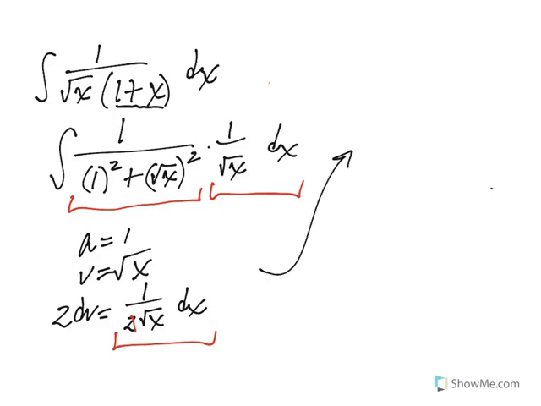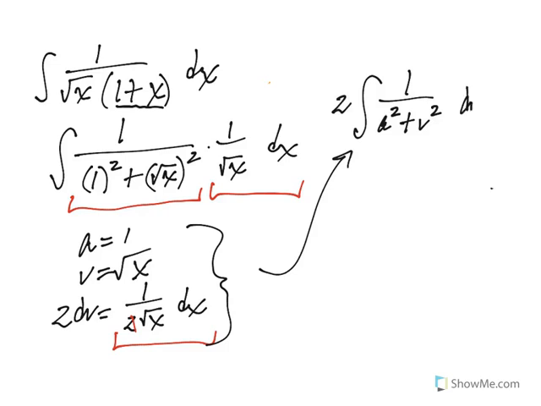Now if I take these three things and put them into an integral, I get the integral of 1 over a squared plus u squared times 2 du. And this portion right here, I have a formula for, so I'm just going to follow it.